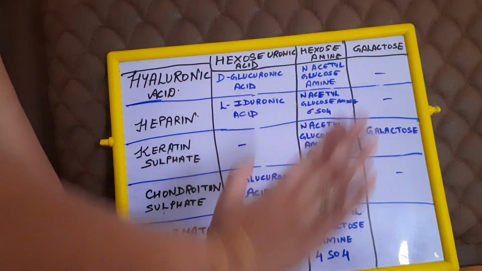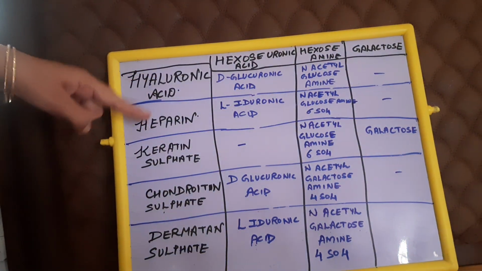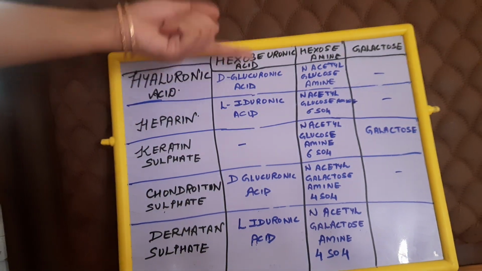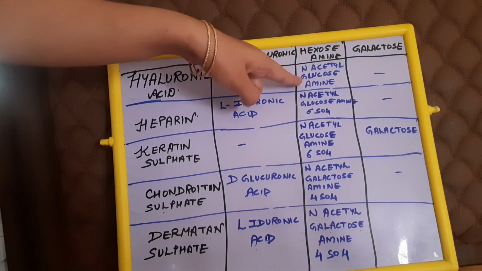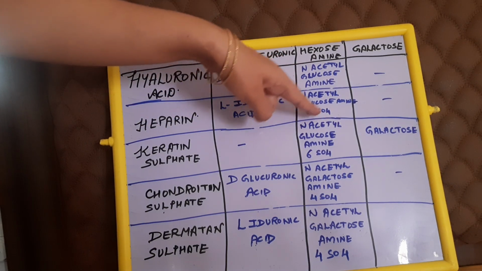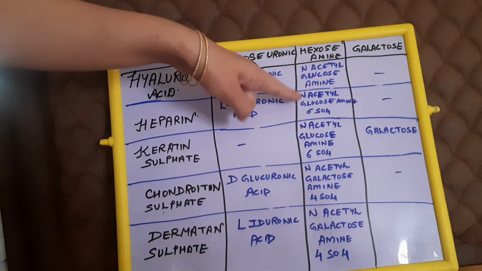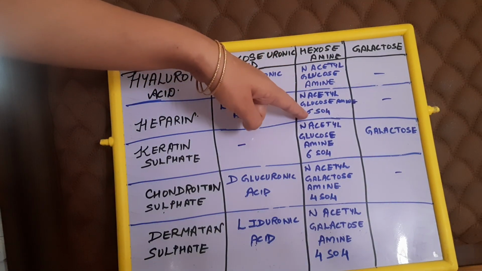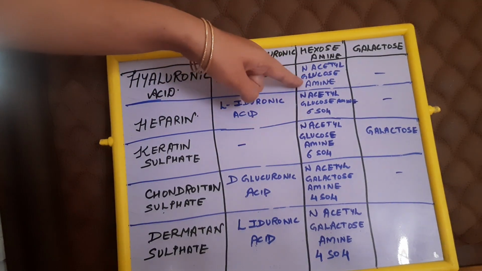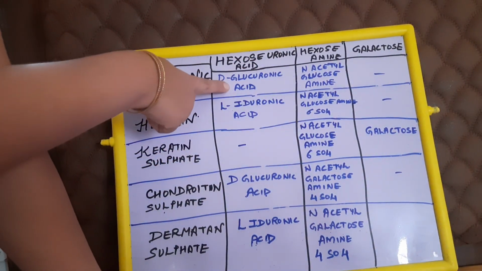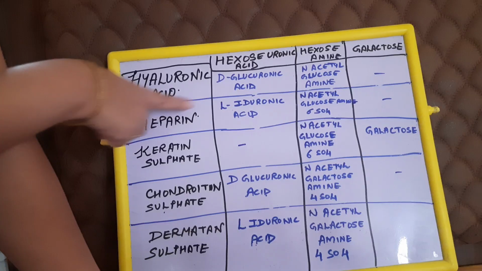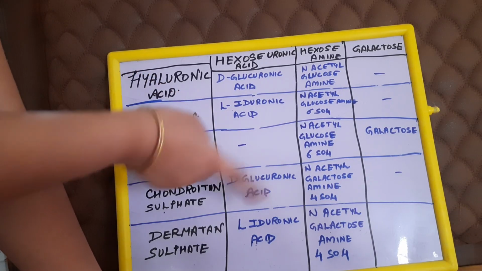So that's the basic glycosaminoglycan. If it comes to heparin, glucuronic acid changes to iduronic acid. Otherwise, it is the same except it has 6 sulfate in its structure, so N-acetyl glucosamine 6 sulfate. They are both the same, just that heparin has sulfate in its structure, and over here is glucuronic acid, and in heparin it is iduronic acid.